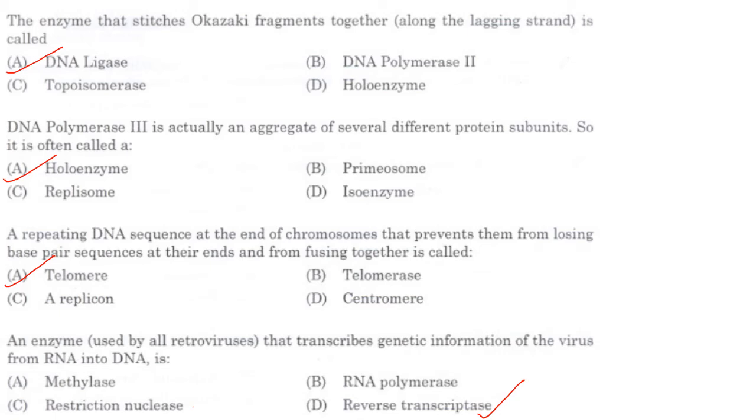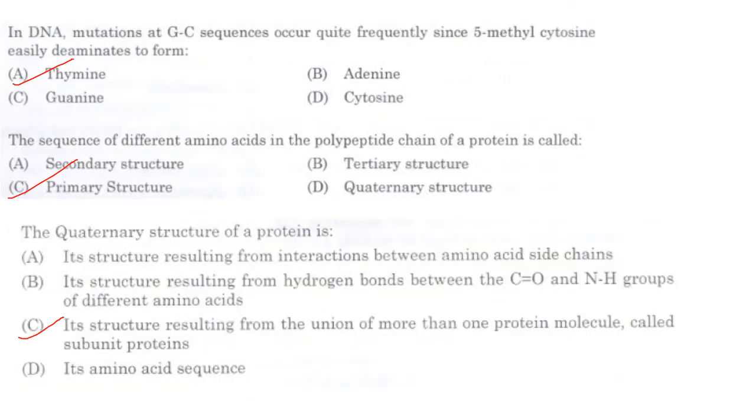Next one. In DNA, mutations at CG sequence occur quite frequently since 5-methyl cytosine easily deaminates to form thymine. Answer is option A. This is also a repeated question.